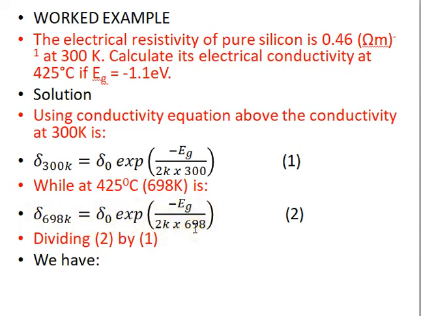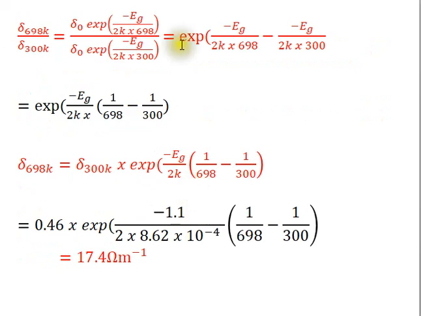Now I have two equations, and I can take equation 2 divided by equation 1. If you do that, you will be left with sigma 698 all over sigma 300 equal to sigma naught this all over sigma naught this. These sigma naughts will now cancel out. I will be left with exponential this over this, and you know, if I have two exponentials, I will take one and subtract the exponent, or the power, of the other one.